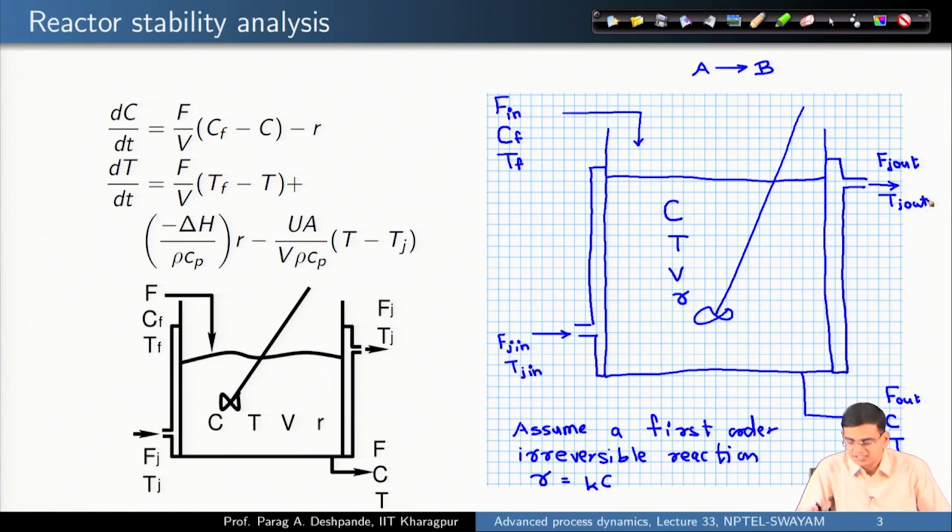The rate of reaction is R. And then, since you have a well mixed case, at the outlet the concentration of the species is simply C, which is same as that inside the reactor, and temperature T, which is same as that inside the reactor. The volumetric flow rate would be F out. At this point of time, we do not know the relationship or inequality which exists between F in and F out.